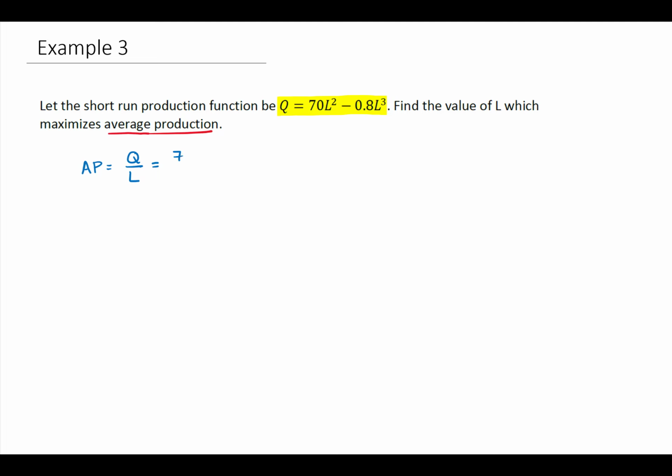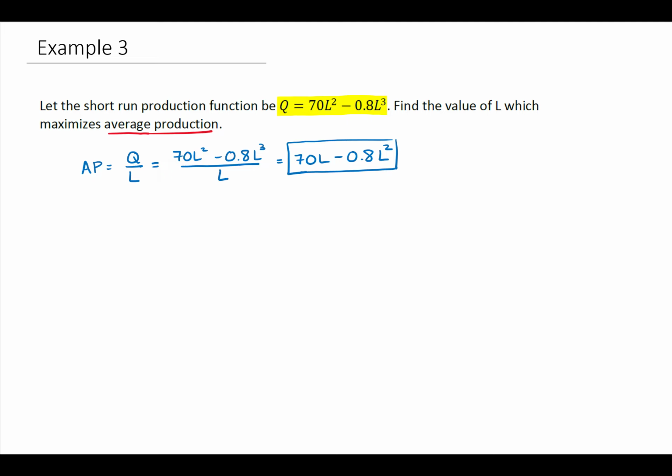So I take my 70L squared minus 0.8 L cubed divided by L, and what I get is 70L minus 0.8 L squared. And this is the function that I am going to aim to optimize this time. Sometimes you might be interested in maximizing production, sometimes you might be interested in maximizing average production.